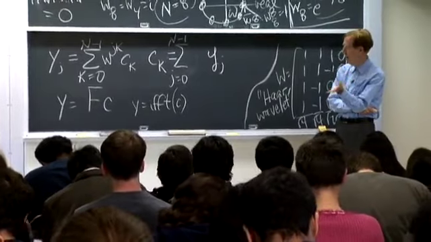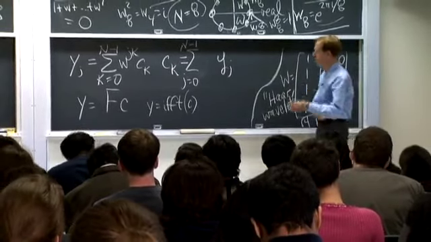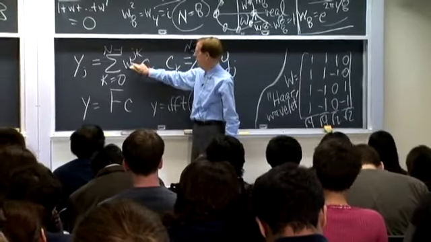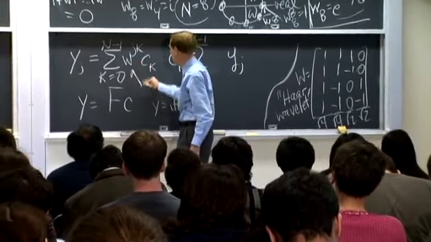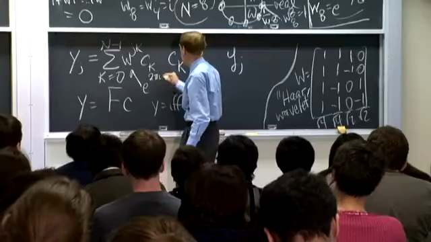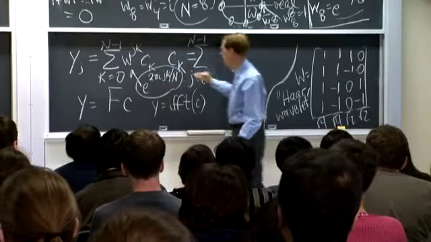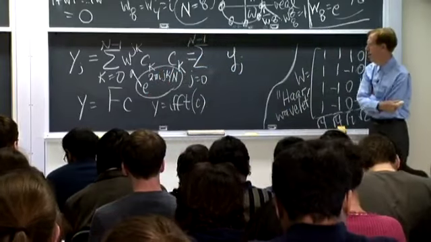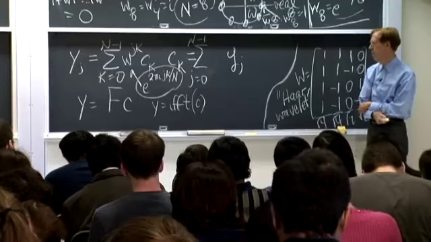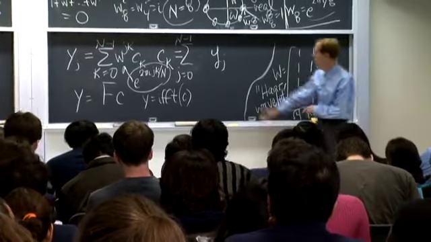Have you got the idea of the two transforms? In one direction, this is e to the I. You see why we don't want to write it. That number is e to the 2 pi I j k over n. That's what that number is in the Fourier matrix. So you see, using W makes it much cleaner. Okay, what goes there?